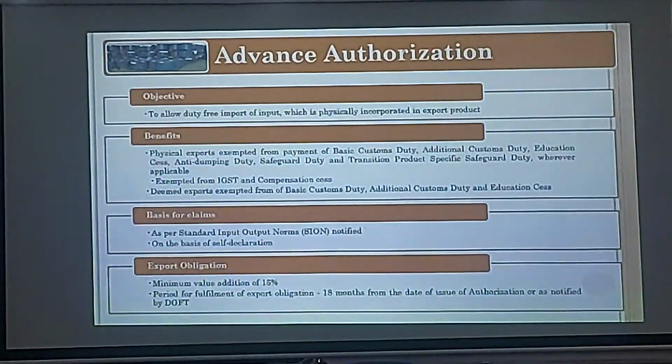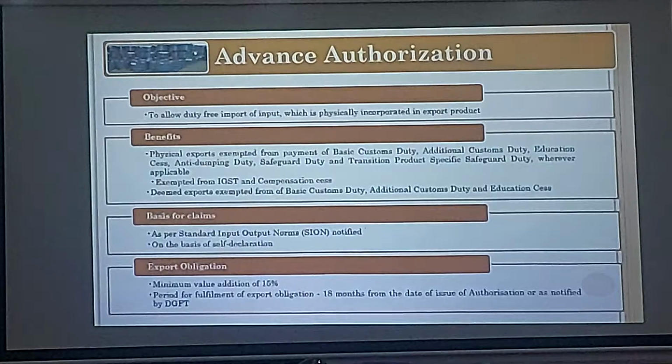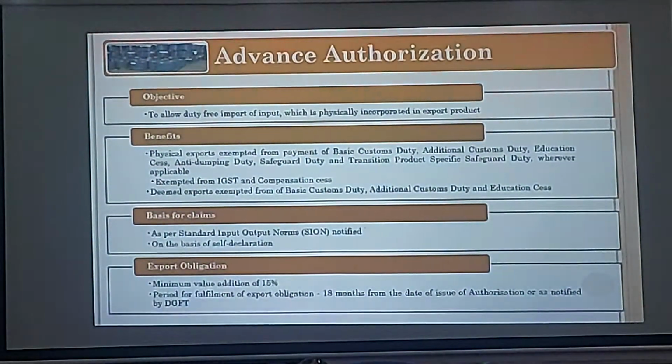The scheme is governed by standard input output norms. What does that standard input output norm mean? To make 1 unit of pen, you need a particular amount of plastic or whatever product, ink.